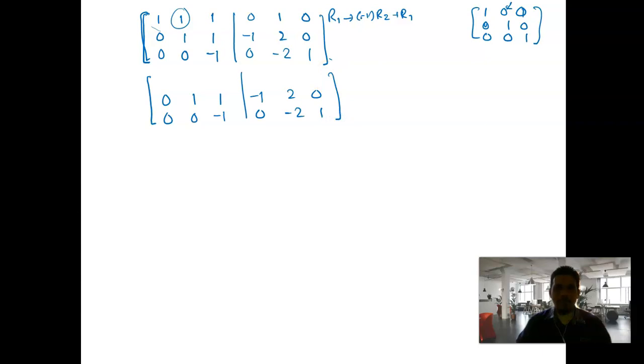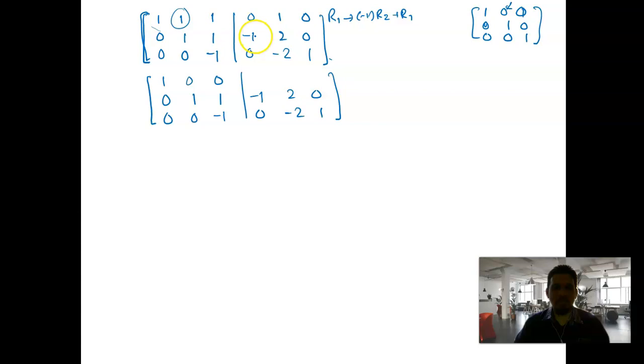Okay, so negative 1 times R2 plus R1 equals 1. Negative 1 multiplied with 1 here, R2. Negative 1 times 1 equals negative 1, plus 1 equals 0.